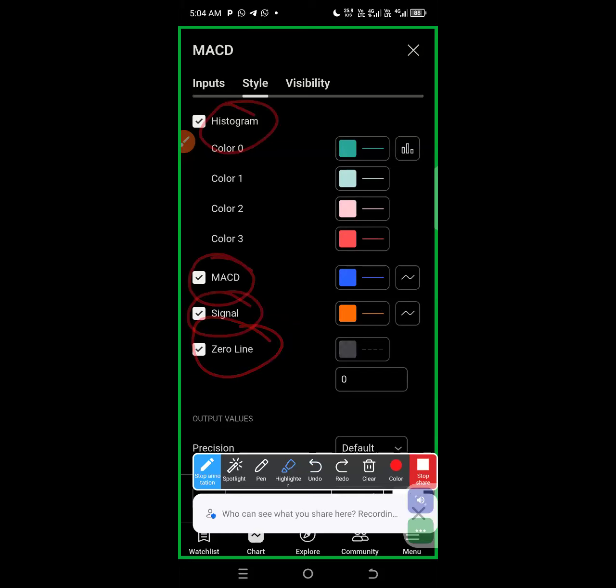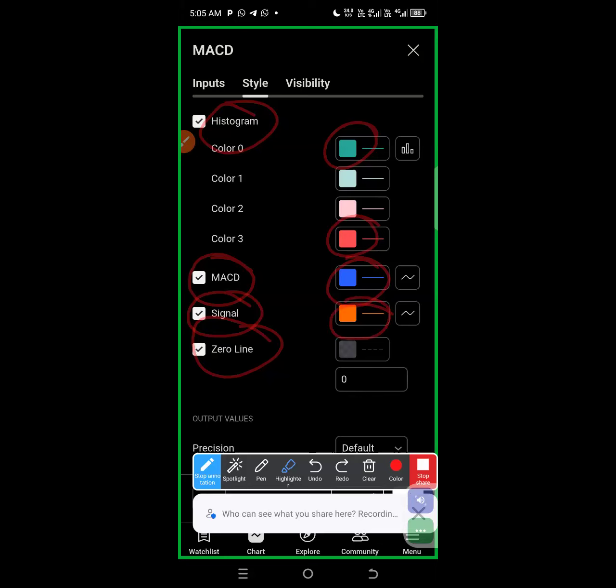Over here we are choosing green and then red for the histogram. And then the blue line is for MACD, the MACD line, right? And then the signal line, which color is this?